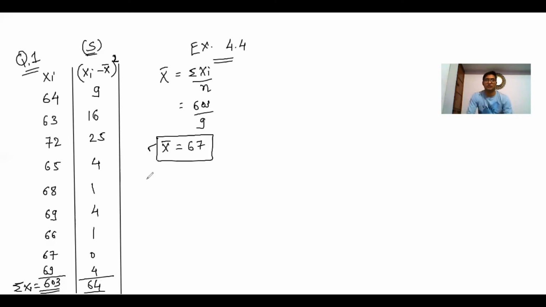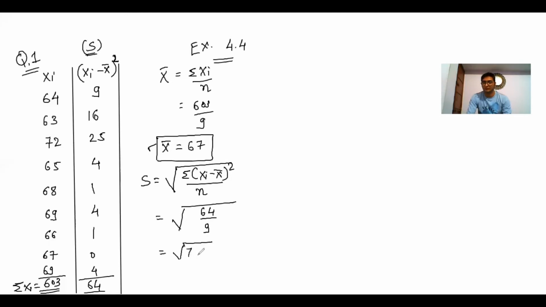So now our formula for S is the root of sigma xi minus x bar whole square divided by n. The total of all these is 64, divided by n, that is 9. So 64 by 9 is 7.111 under root.